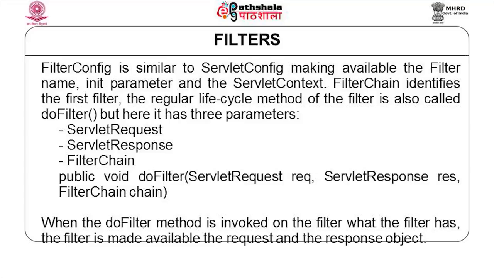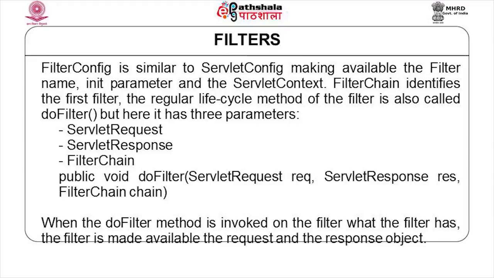The idea here is, when this doFilter method is invoked on a particular filter, the filter is made available the request and the response objects. It can look at the whole request and see what is the information coming from the client.